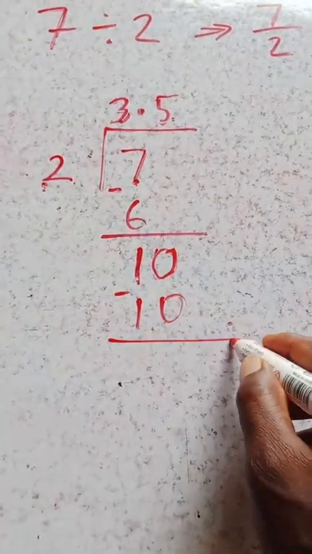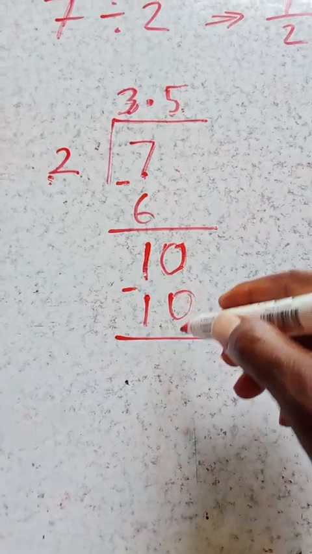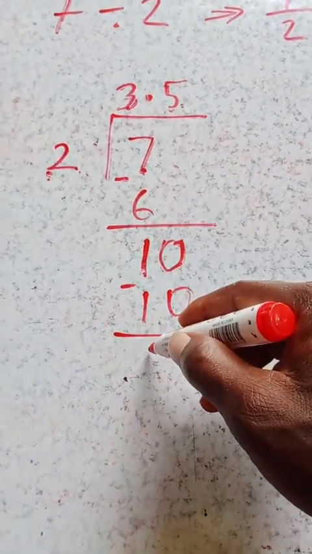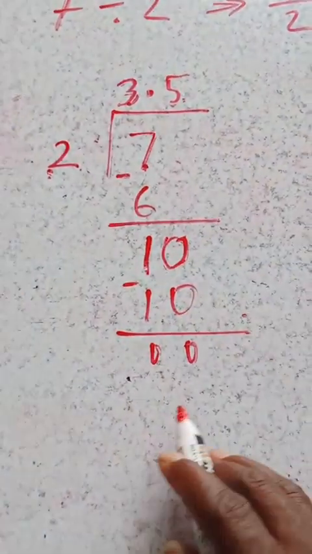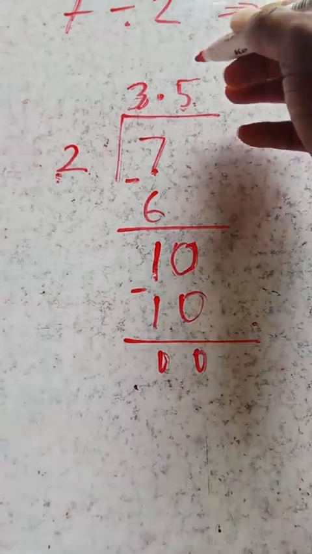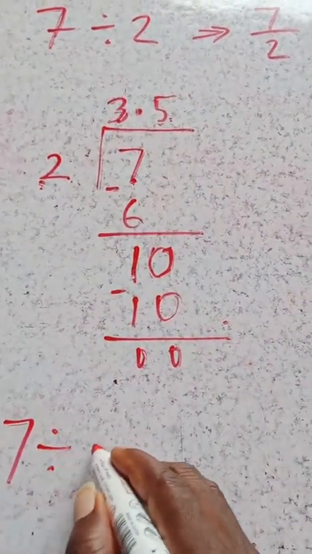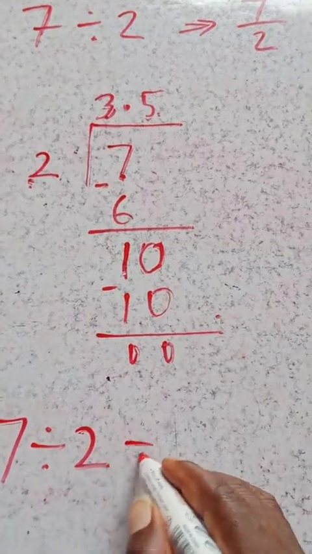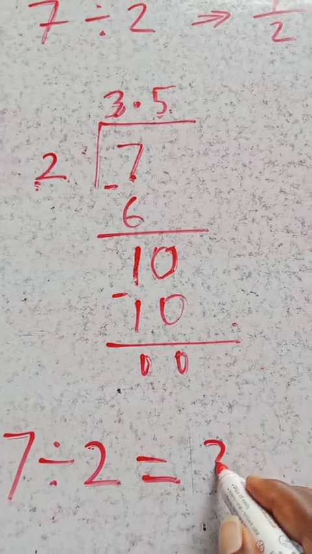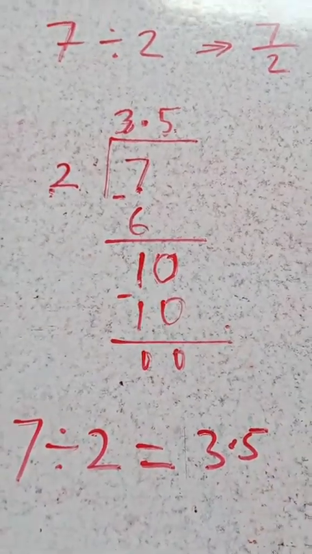When we minus, 0 minus 0 is 0. 1 minus 1 is 0. So at this point, there's nothing to divide again. So we'll say, therefore, that 7 divided by 2 is equal to 3 point 5. That is the answer.